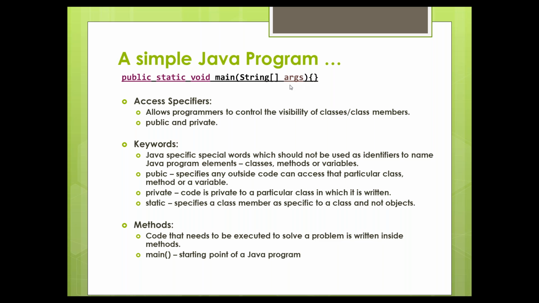Each parameter will have its own data type associated with it. For example, I don't want to discuss too many things in this class. String is a kind of data type.